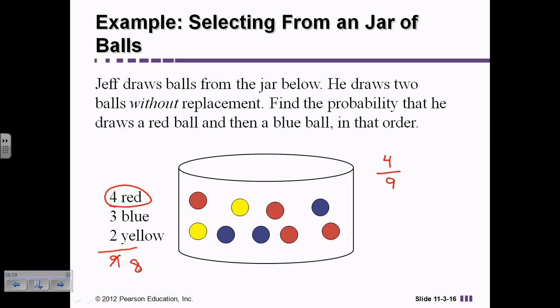There's only 8. So the probability of drawing a blue ball the next time around is 3 out of 8. If I were to say, what's the probability that the third one I draw is yellow? Well, there's only 7 balls in the jar now, and so it would be 2 out of 7.